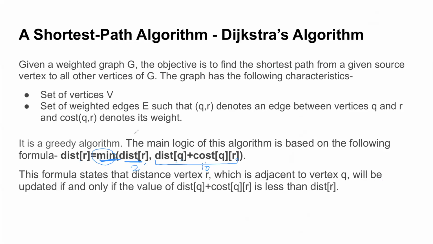So suppose your existing cost of distance to R from source was 2, and if you take the next neighbor, via Q, it's giving you a cost of 10. Will this ever be able to replace the existing path? No, it will not, right?